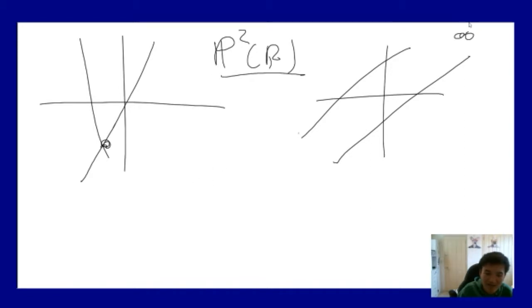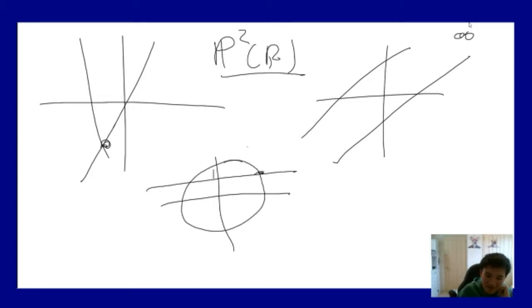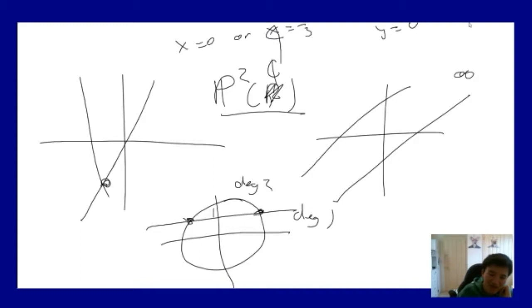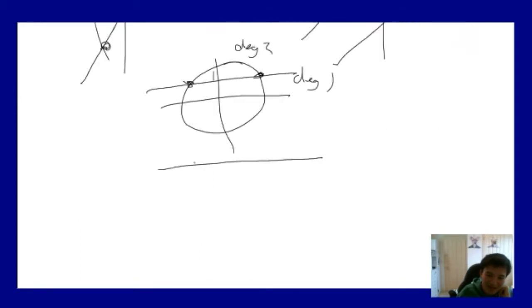And that's the Bezout theorem saying that we always have at least one intersection between two lines. If we had, say, a circle and a line, the circle has degree 2, a line has degree 1. So there are always 2 points of intersection. And if you have a line out here, this should be C, since we want algebraically closed. So this line out here does intersect in the complex numbers somehow.